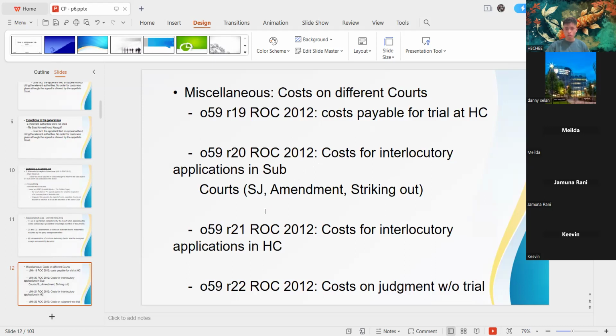And then Rule 21, the cost for interlocutory applications in the High Court. Then Rule 22, cost on judgment without a trial.